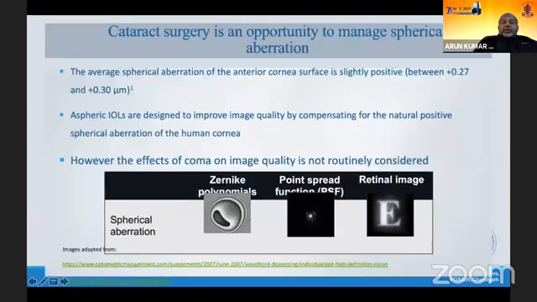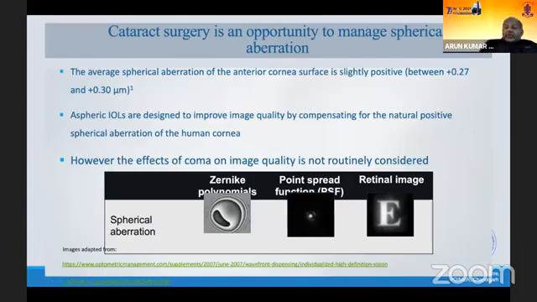Cataract surgery is an opportunity to manage this spherical aberration. As we have told, it is on average between 0.27 to plus 0.3. Aspheric IOLs are designed to improve the quality of vision by compensating this naturally positive spherical aberration of the human cornea.